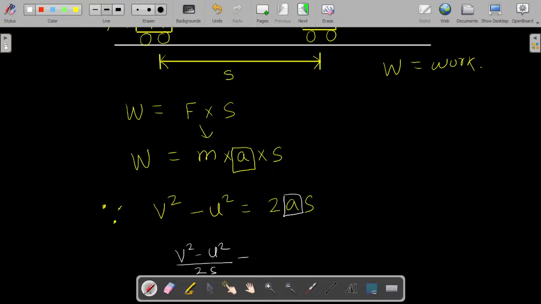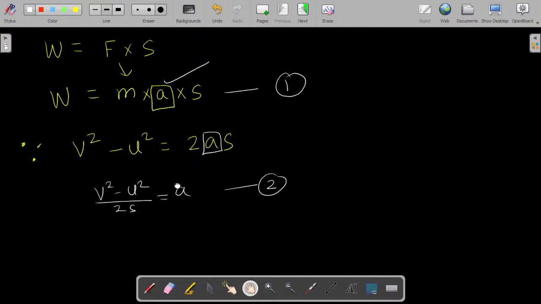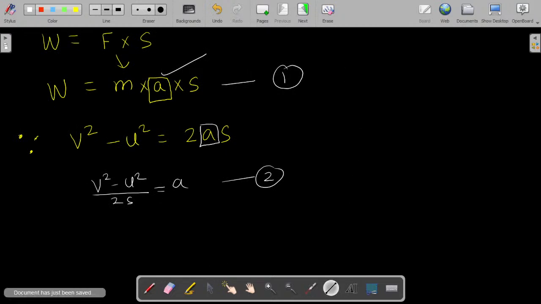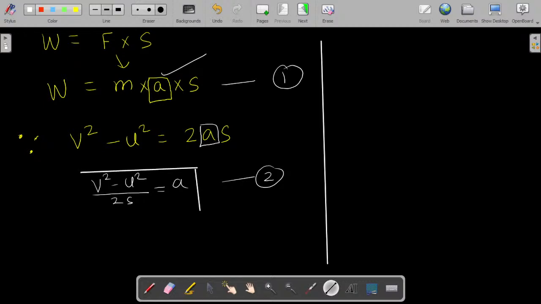So equation number 1, equation number 2. Put the value of a here, you will get work.